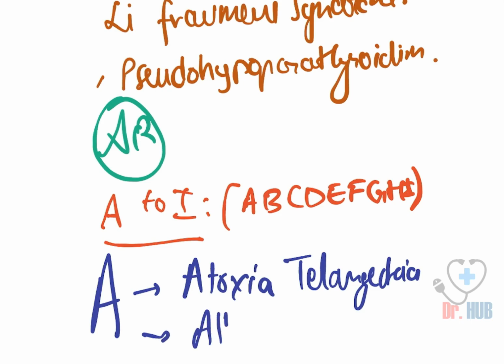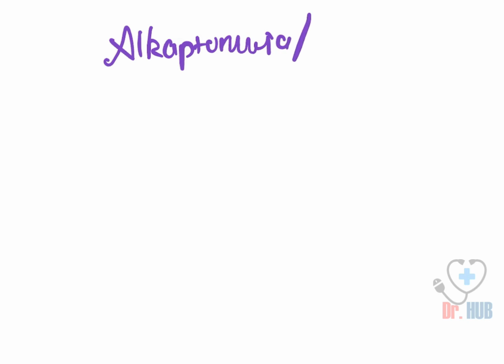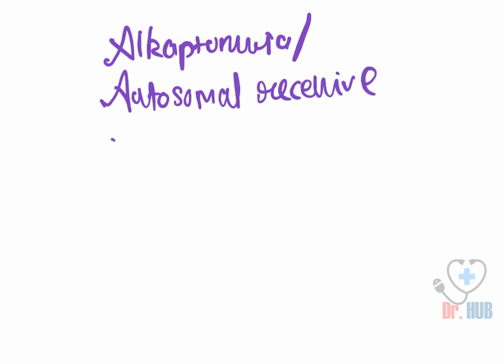Next also it stands for albinism. Post this, it also includes alkaptonuria and the autosomal recessive polycystic kidney disease. Whereas in case of the autosomal dominant, we saw autosomal dominant polycystic kidney disease.